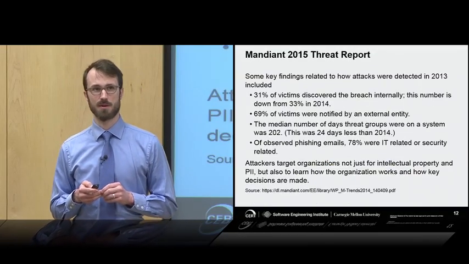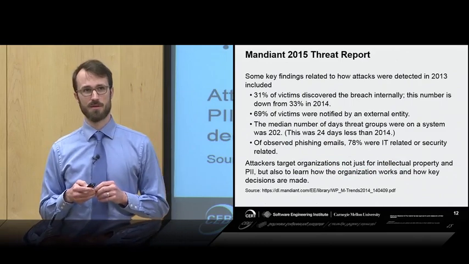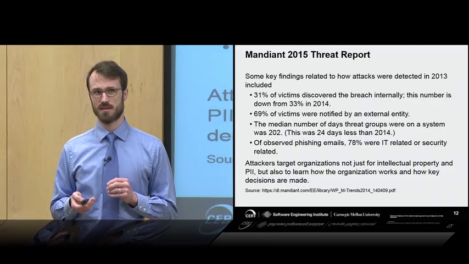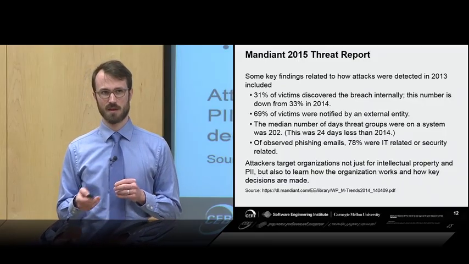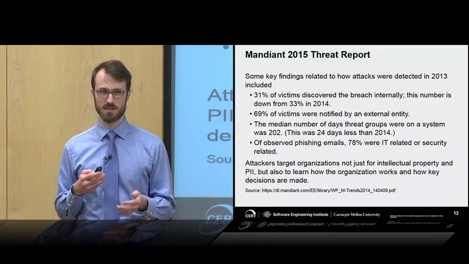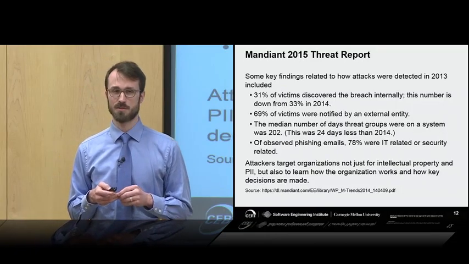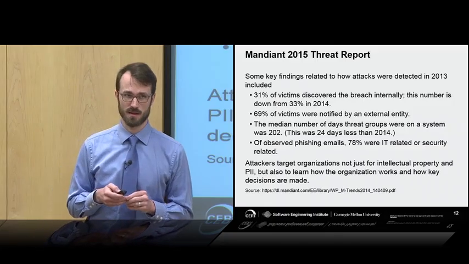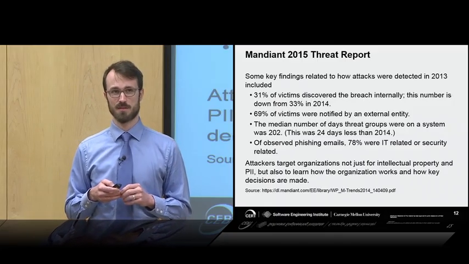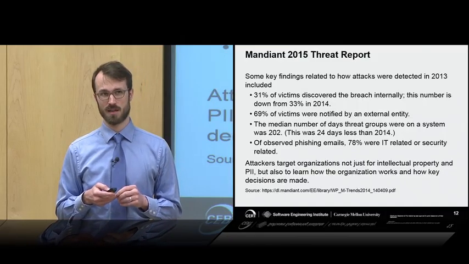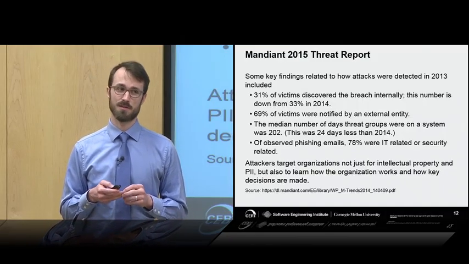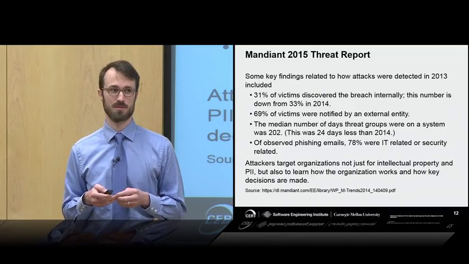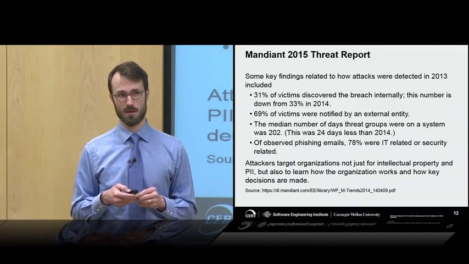Mandiant produces some pretty interesting things, and in their data from this past year, we saw a slight decrease in the number of breaches discovered internally, and a very large amount of people are being notified of those breaches by an external entity. Now that may sound bad, but this has two meanings. One, maybe people aren't seeing it and are being notified externally, but two, maybe they're being notified by some sort of sharing service or some sort of community that they belong to.